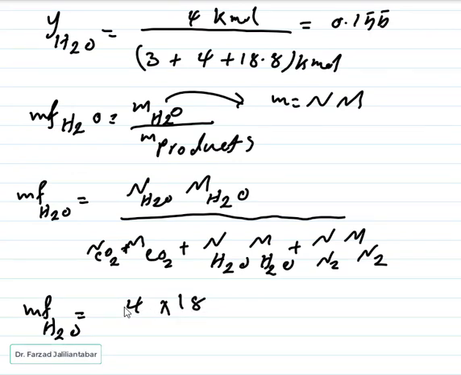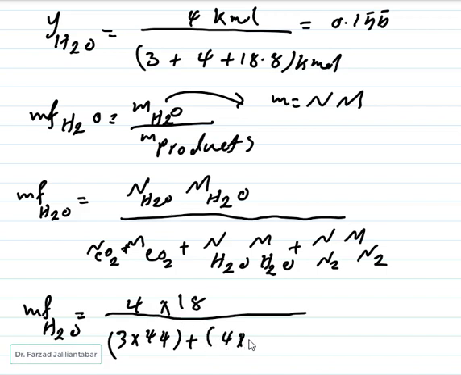Okay, so this is the mass of the H2O divided by mass of the products. For CO2, 3 moles times the 44 molar mass of CO2, plus the water, we just repeat this, 4 times 18, plus, what about nitrogen? 18.8 moles times 28 molar mass.